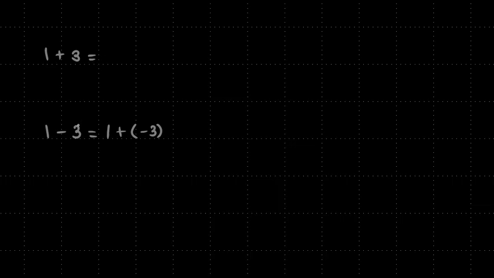Addition and subtraction are two halves of the same coin. So even with a plus sign there is going to be addition, even with a minus sign there is going to be addition.